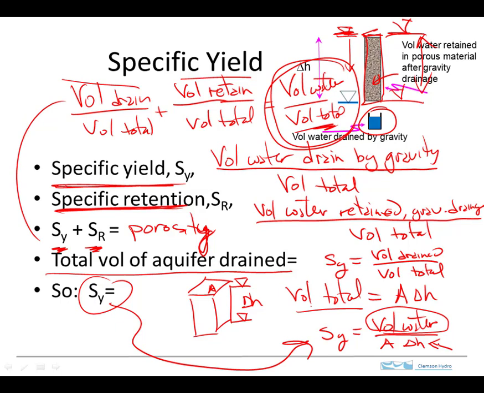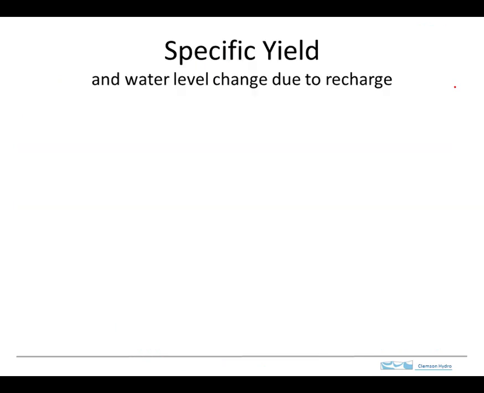Yeah, so there are some animations describing the water drained by gravity and the volume and then water retained by gravity. Okay, so let's see, we have the specific yield.